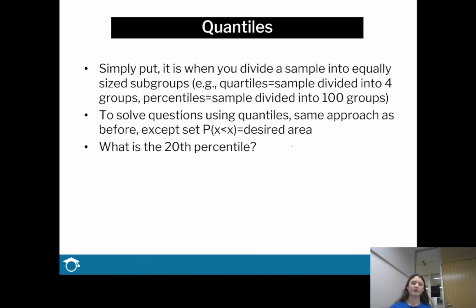It's just kind of another way of expressing the probability of something happening. So the 20th percentile is going to be further away than, say, like the first percentile, that kind of thing.